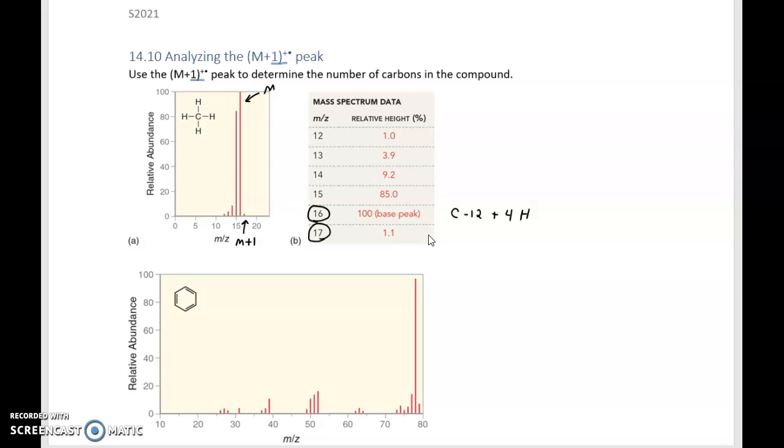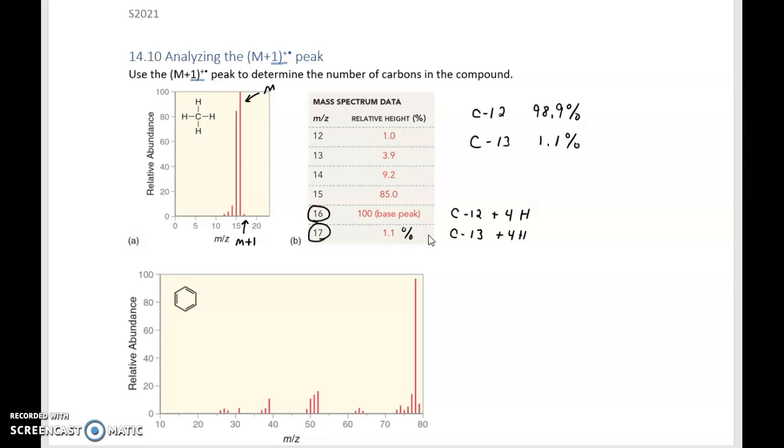The peak at 17 is a carbon-13 and 4 hydrogens. So we expect this number to be about 11% of the base peak, because in nature, carbon-12 is 98.9%, and carbon-13 is 1.1%.